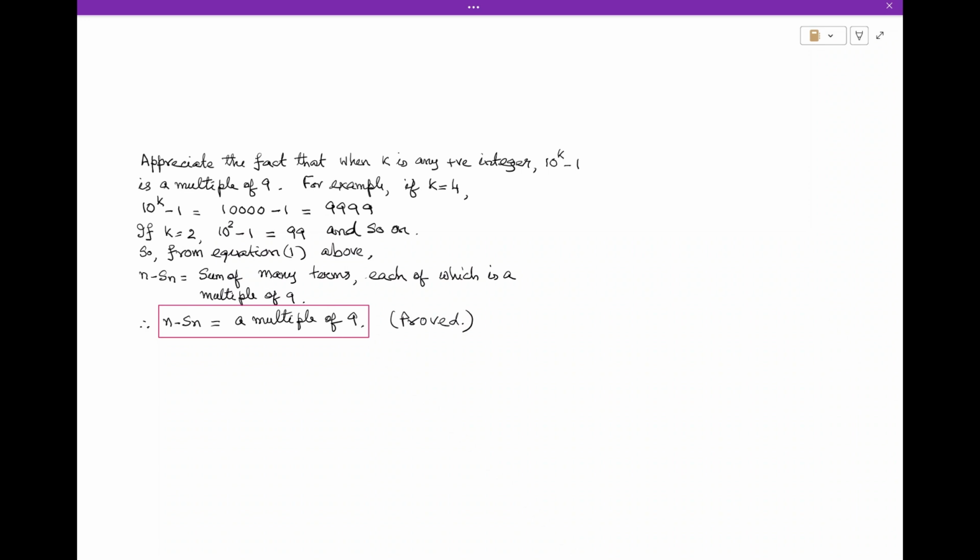So in each case, 10 to the power of k minus 1 is a multiple of 9. From equation 1 above, n minus S_n is a sum of many terms, each of which is a multiple of 9. Therefore, n minus S_n is a multiple of 9 itself. So proposition 1 is proved.